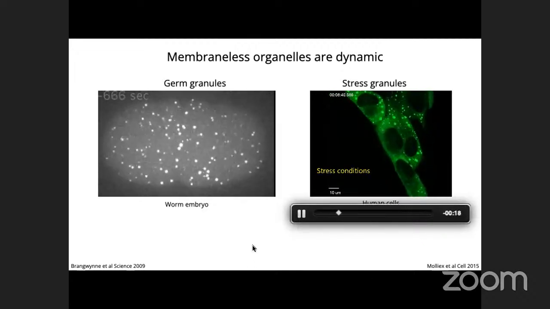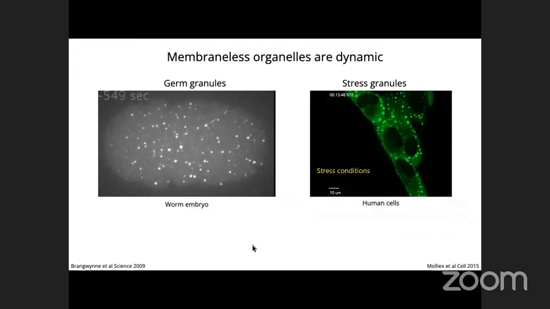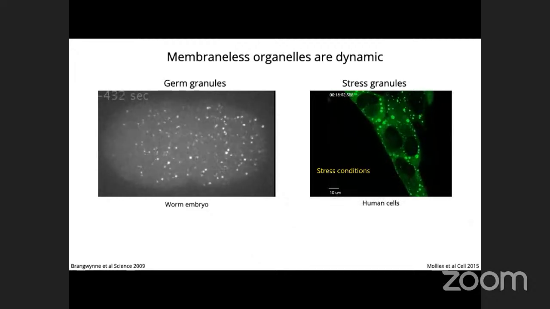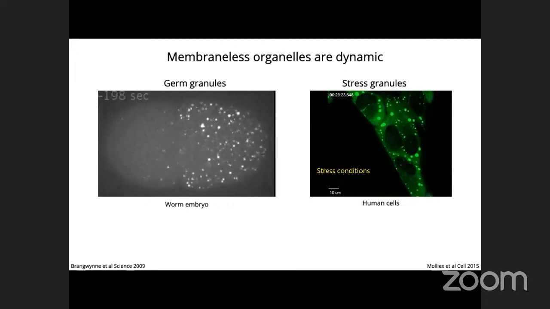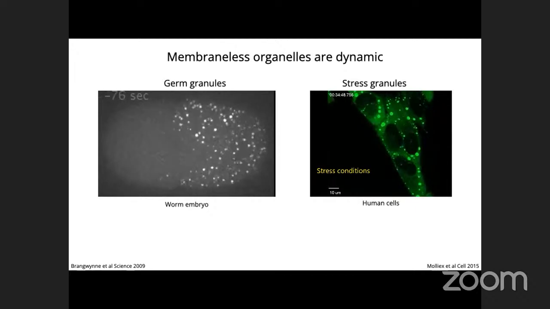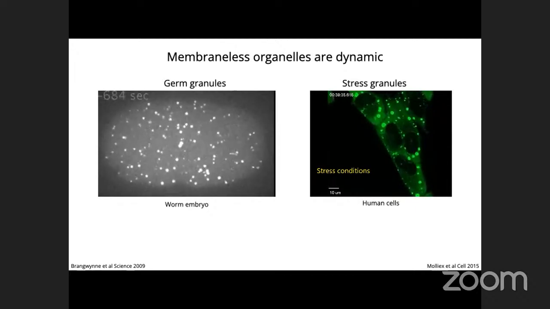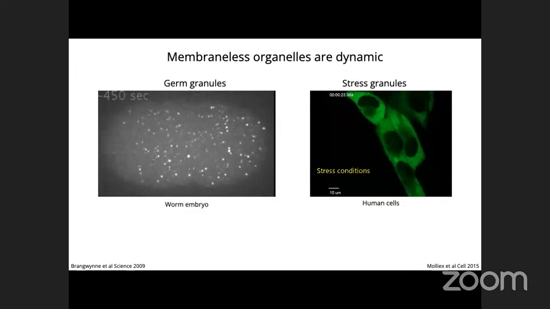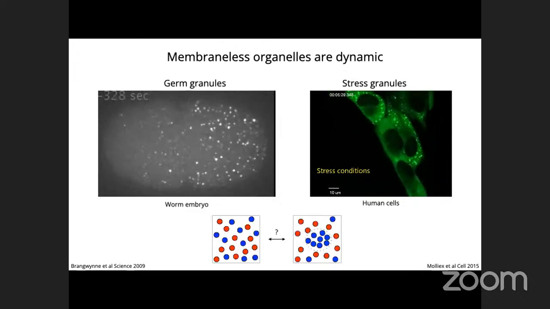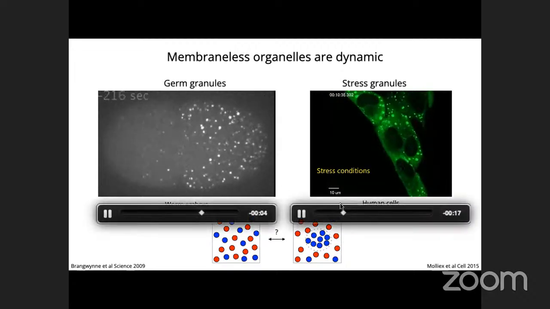And this is super cool, because if you wanted to make a membrane-bound organelle and get rid of a membrane-bound organelle, that would take a lot of energy and probably a lot more time than we have here. So membraneless organelles allow cells to respond very quickly to developmental or environmental cues. But we still have no idea how this works, right?